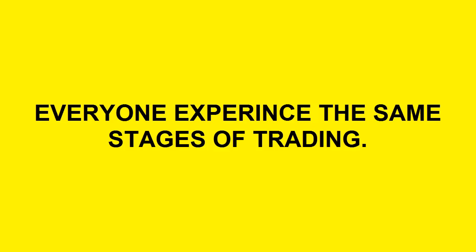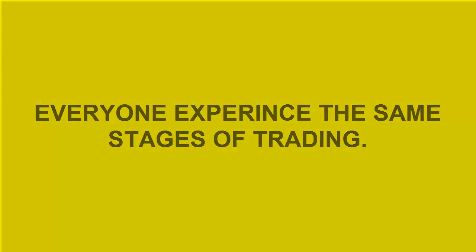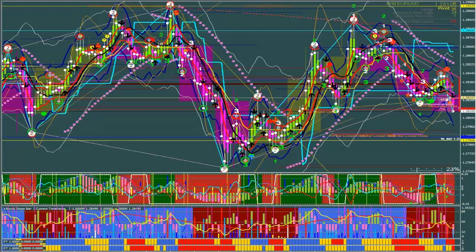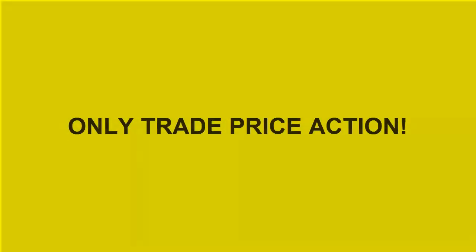So I used to have a lot of indicators on my charts. I no longer do. I trade price action, and only price action. It's the best way to do it, simply because there's not a lot of indicators. The thing is, the indicators, in a way, are only telling you what the price action is doing. You understand? So why have it?